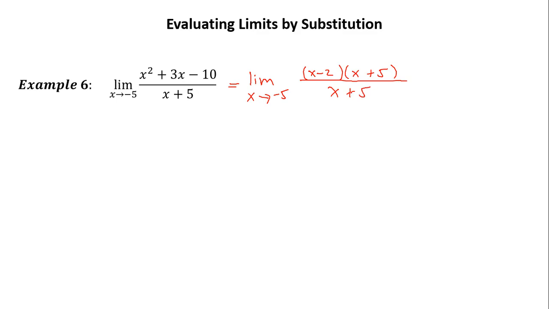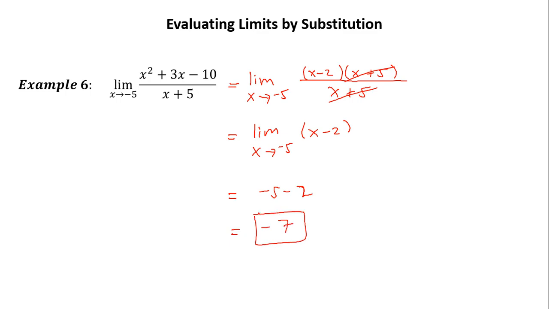So we can just cancel out x plus 5. So we have the limit as x approaches negative 5 of x minus 2. Substitute now. We have negative 5 minus 2. So the answer now is negative 7.